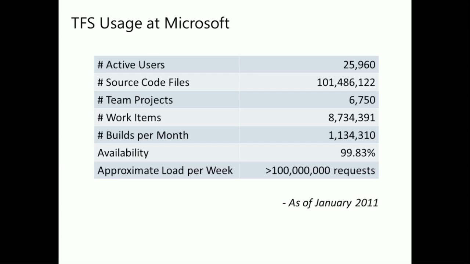It basically services over 100 million requests each week. So it's providing enormous scale for Microsoft, which is a very large development organization, but is also flexible enough and simple enough to be used for much smaller organizations, or even as small as a team of one like myself.